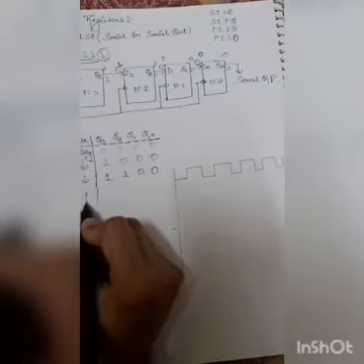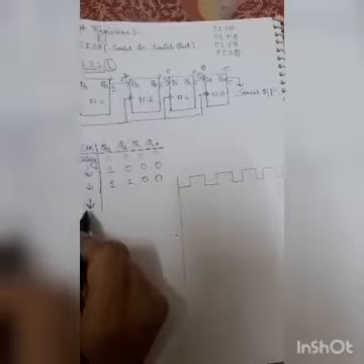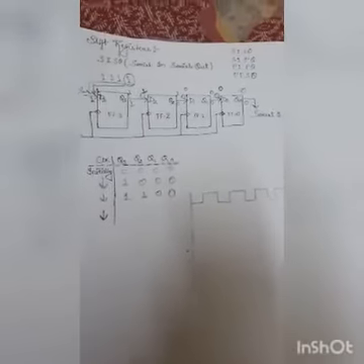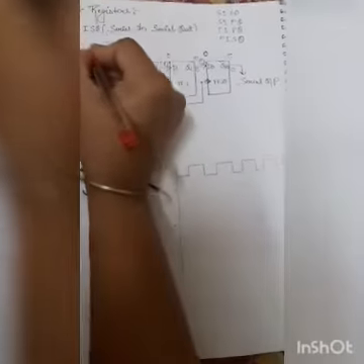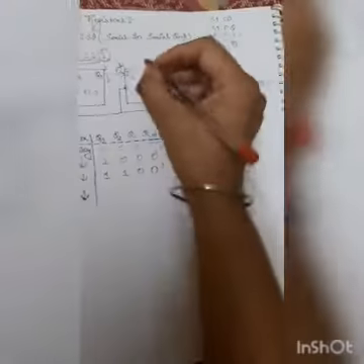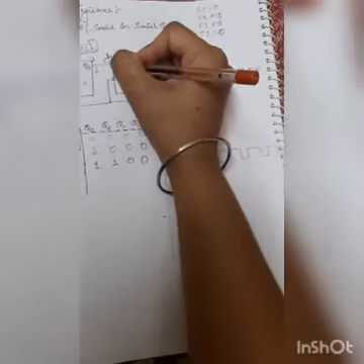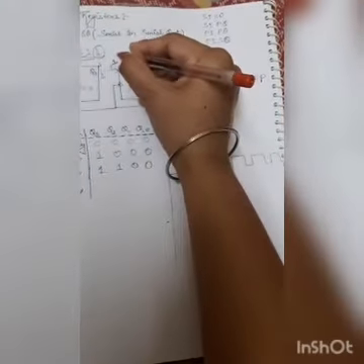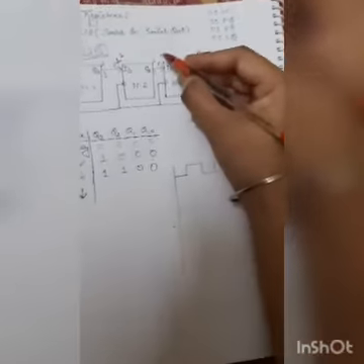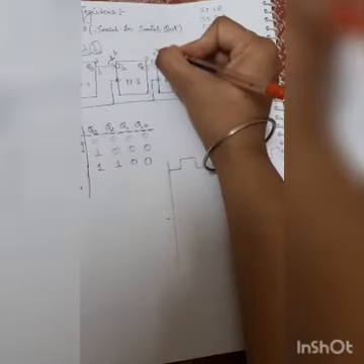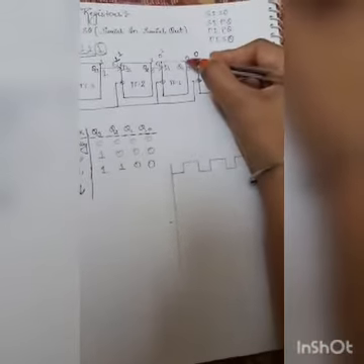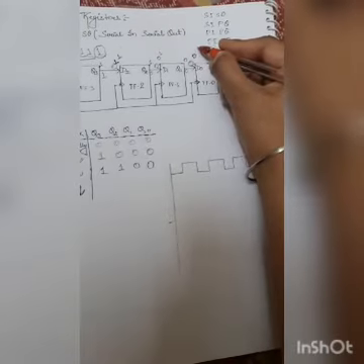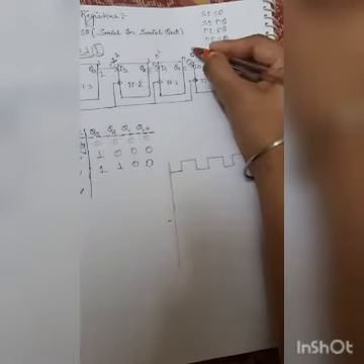Then the next bit is entered by giving a clock. Again it's stored as 1. So here is 1. Q3 is 1, so D2 will also be 1. Q2 is 1, then D1 is 1. Then Q1 is 0, then D0.